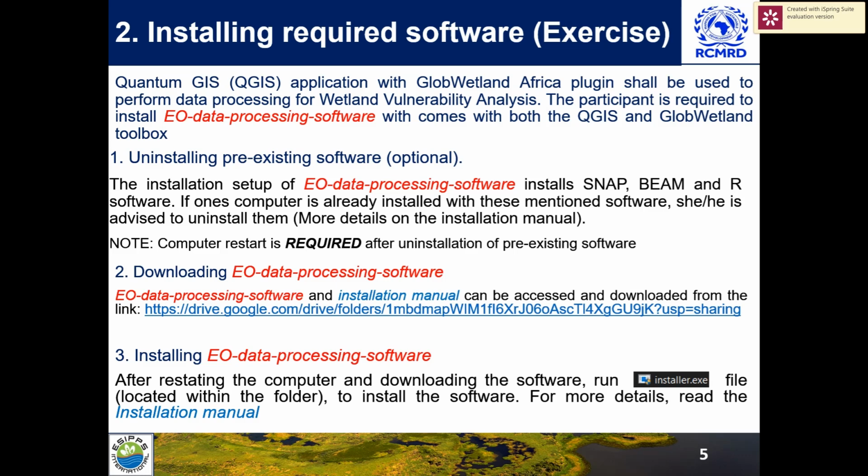Why is it optional? Because if your computer already has these softwares, which include the SNAP, the GRC SNAP toolbox, the BEAM, and the ARA statistical software, then you will have to first perform the uninstallation process to remove these softwares from your computer.